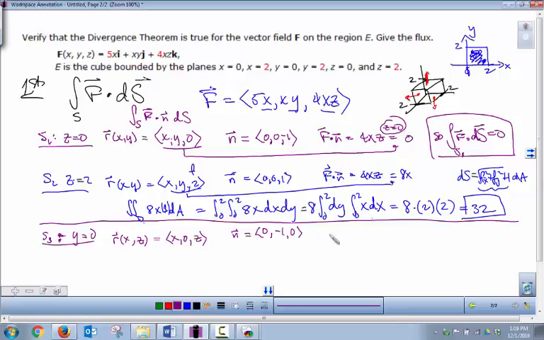All right, so let's dot this. F dotted with n. This is our F. You got negative 1 and 0 for the other two that would cancel it out, and the y is equal to 0.